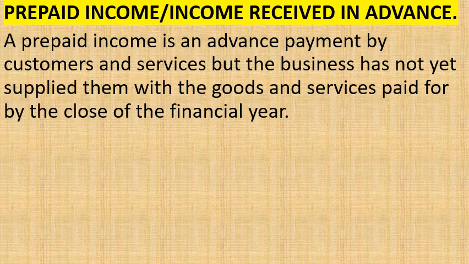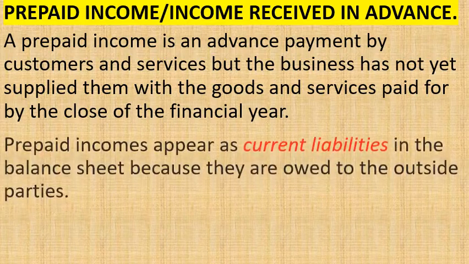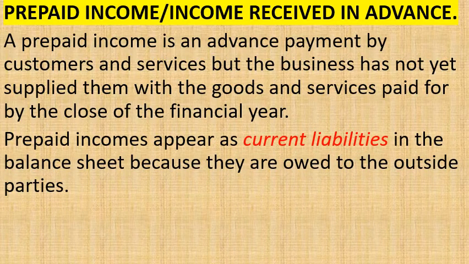We're saying a prepaid income is an advance payment by customers for goods or services, but the business has not yet supplied them with the goods and services paid for by the close of the financial year. So prepaid incomes appear as current liabilities. We owe some goods, we owe some services to a given company, so we consider them as current liabilities because they're owed to the customers.